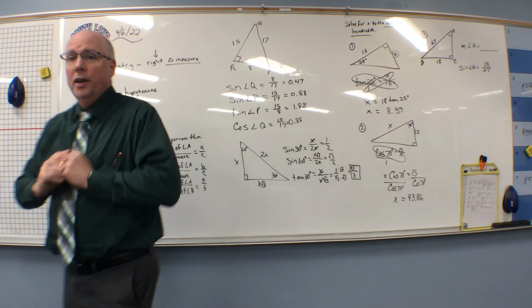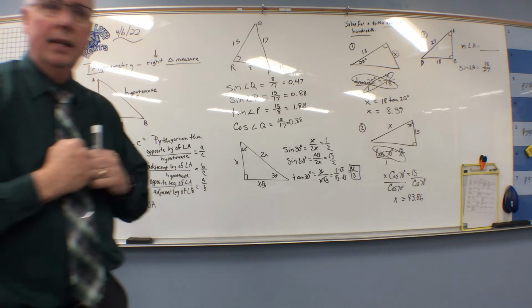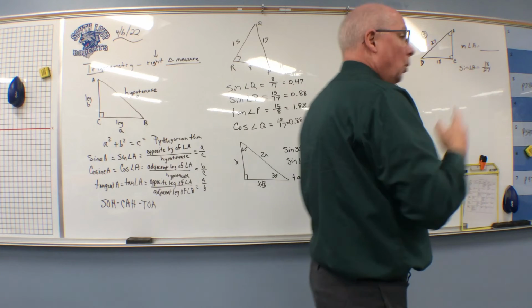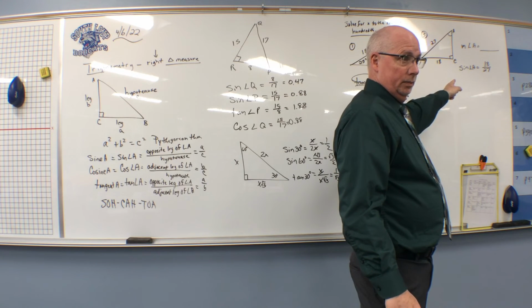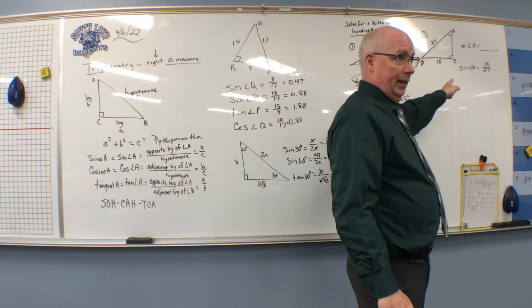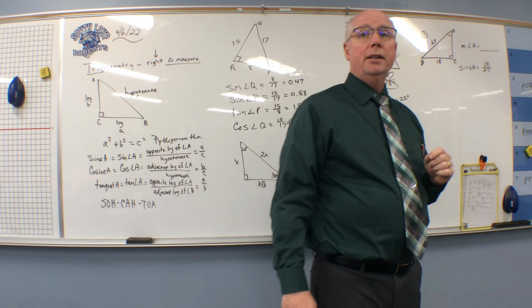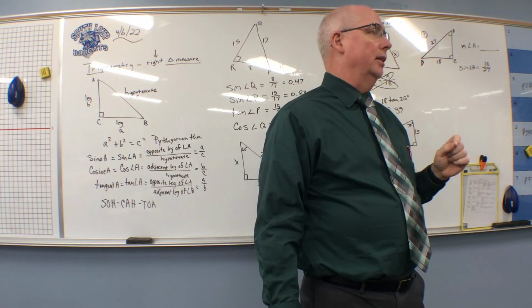When I'm finding an angle, there are two differences from finding a side. Number one, I don't put it over 1. Number two, I don't use the sine button exactly the way it is.